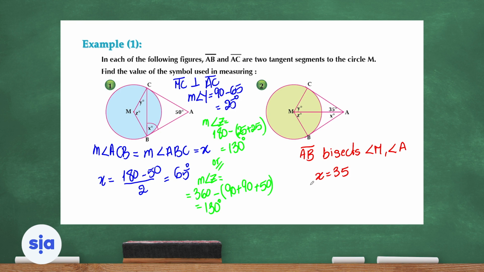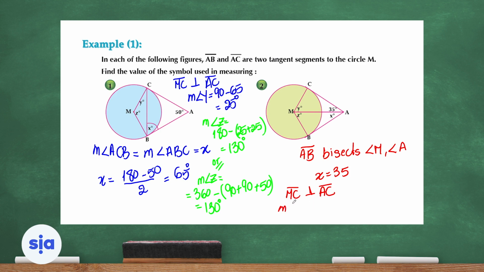MC is perpendicular to CA, as the radius is perpendicular to the tangent when they meet at the point of tangency. So MC is perpendicular to AC.